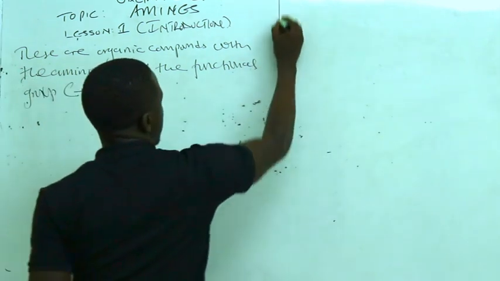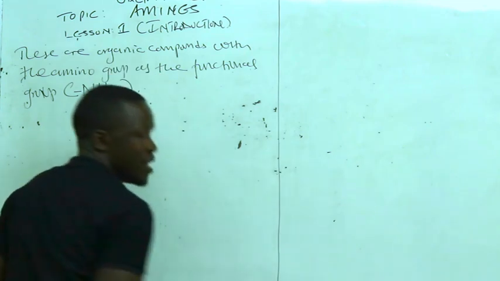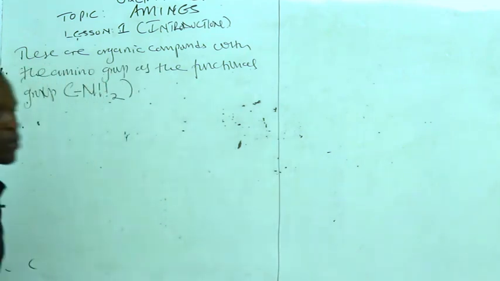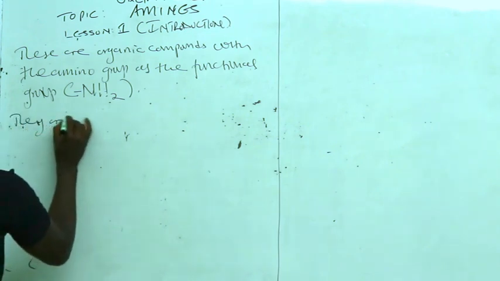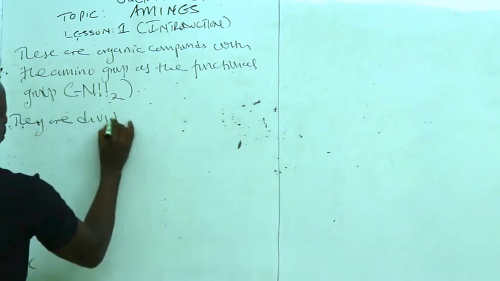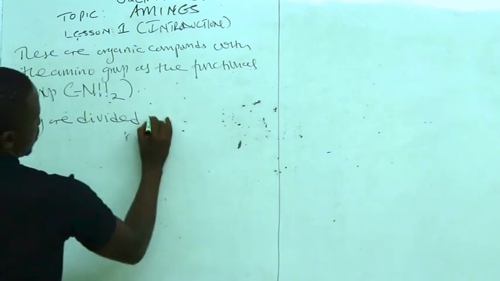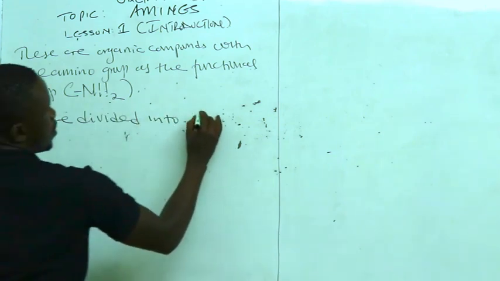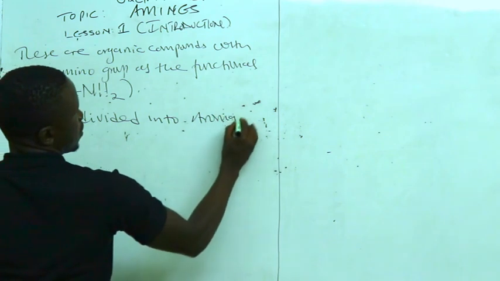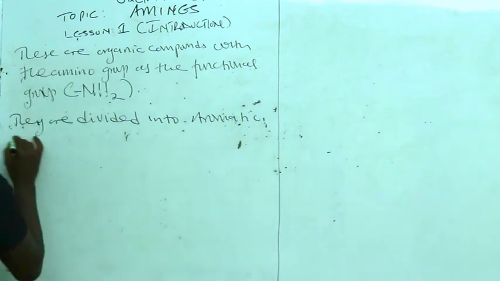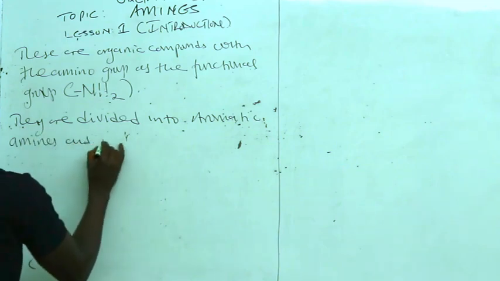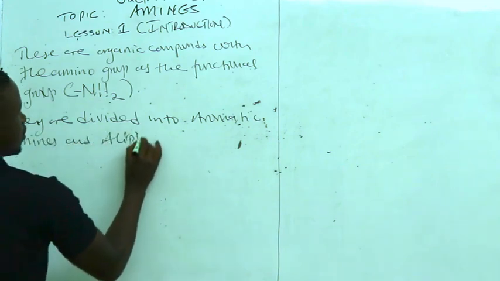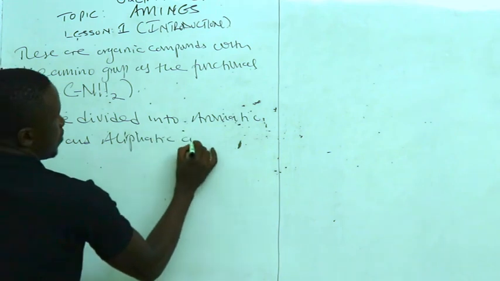Now, these compounds are broadly divided into two. They are divided into aromatic amines and what we call aliphatic amines.